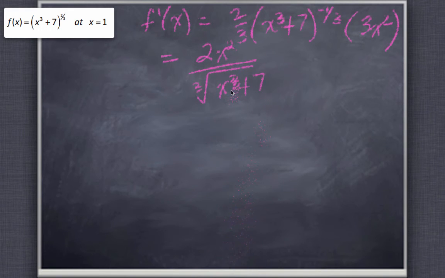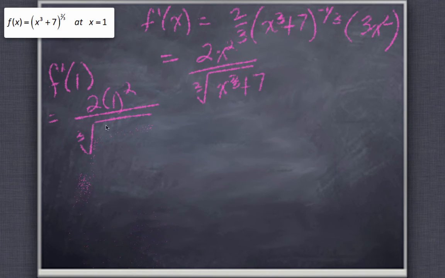I didn't actually have to write it this way, but anyway, so f prime of 1 is 2 times 1 squared over cube root of 1 cubed plus 7 equals 2 over cube root of 8 is 2, so 1.